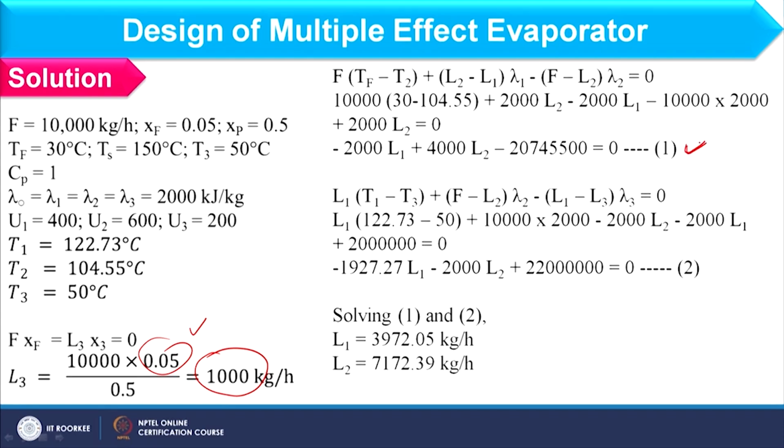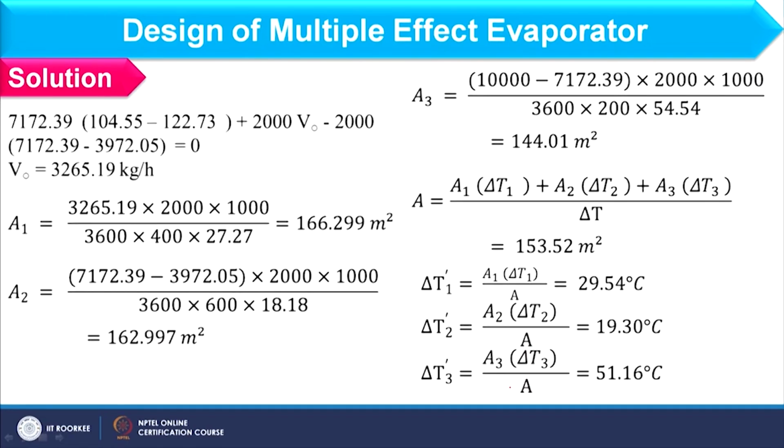Here I have two equations which you have to solve simultaneously, and the values of L1 and L2 you can obtain as given here. So we can find the vapor flow rate and the steam flow rate, that is 3265.19, considering the enthalpy balance of the first effect, and now we can find the area of each effect.